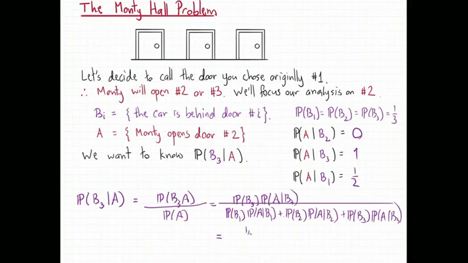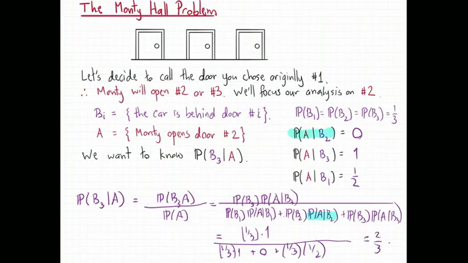The numerator is 1/3 times 1. And the denominator is, well, that first term is the same as in the numerator, 1/3 times 1. The second term is 0. And the third term is 1/3 times 1/2. The 1/3s cancel, and we get 1 over 1 plus 1/2, which is 2/3.